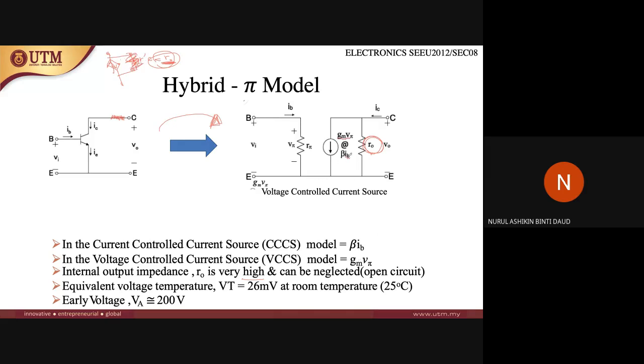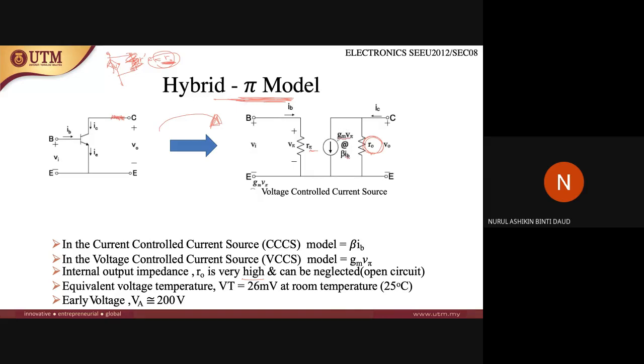All right, another thing for the hybrid pi model that you have to pay attention to is, apart from R pi, there is also the transconductance here.